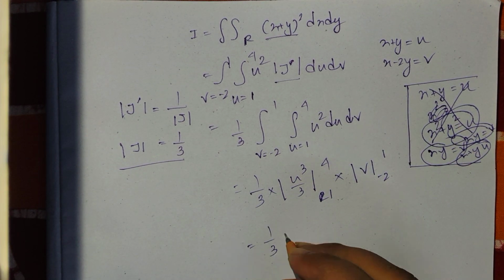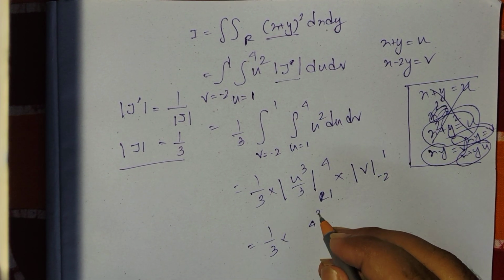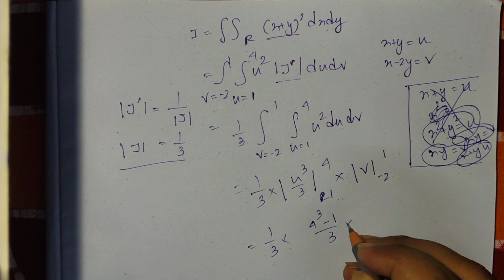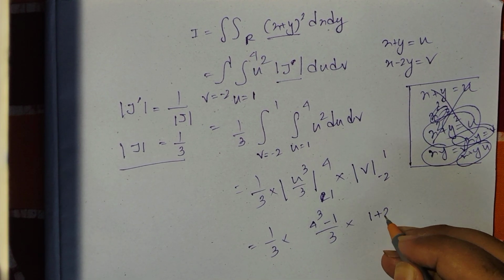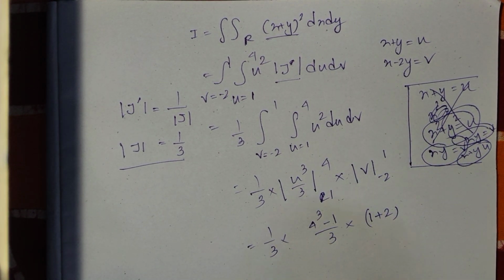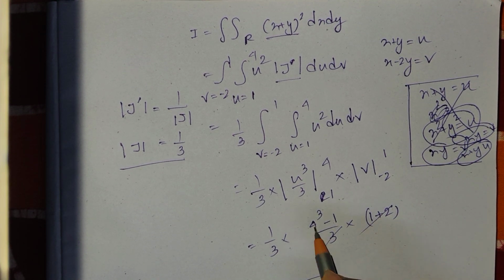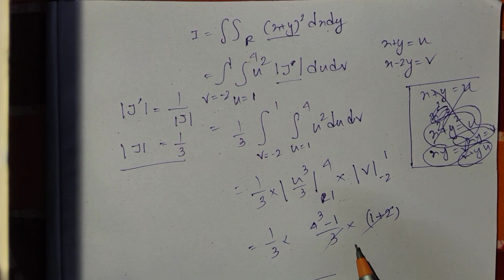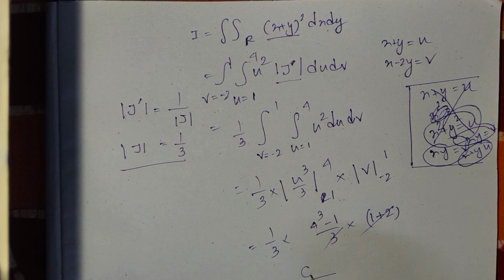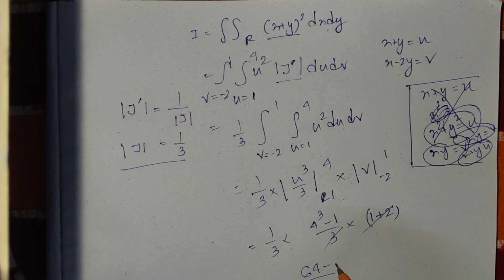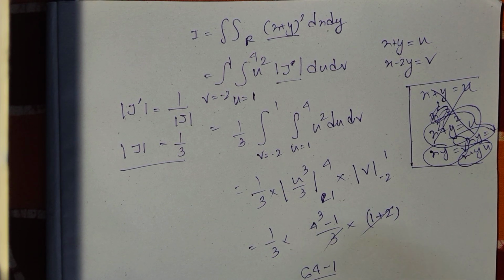So this is 1 by 3, this is 4 cube minus 1 by 3, this is 1 plus 2, right? So this 3 cancelled out. This is 4 cube, this is 64, so 64 minus 1 is 63, 63 by 3, which is 21.